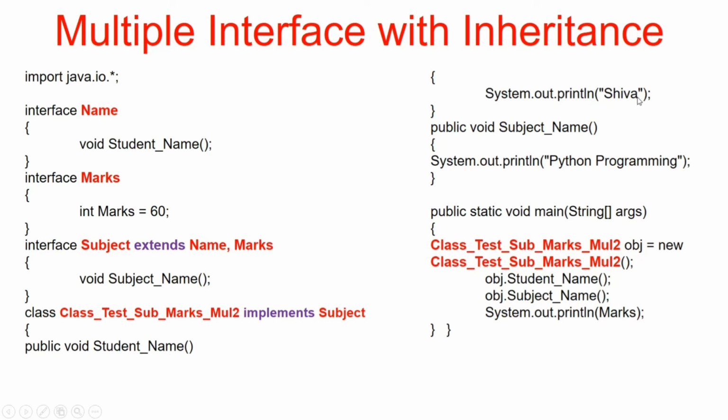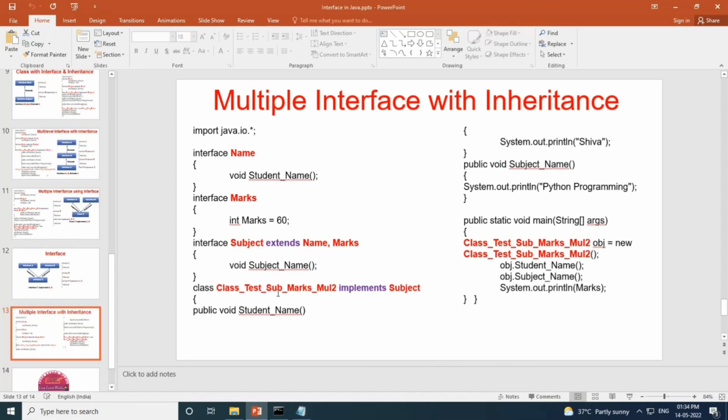So we have a first method, student_name. So we have a student name, and second method is subject_name. We have a subject name, and we come to the main program. So our main program is class object followed by a new class name. So we are creating the first object for student name as well as subject name and marks. Now let's see how this program will work.